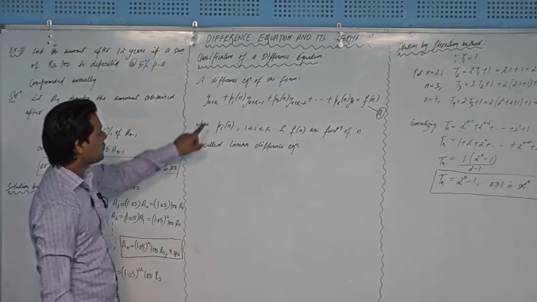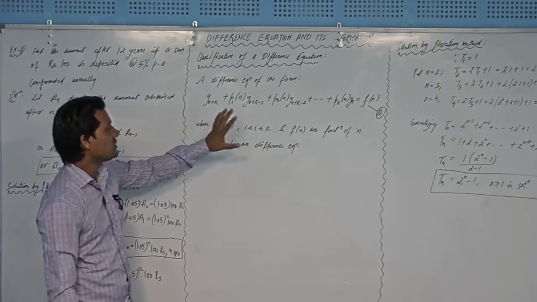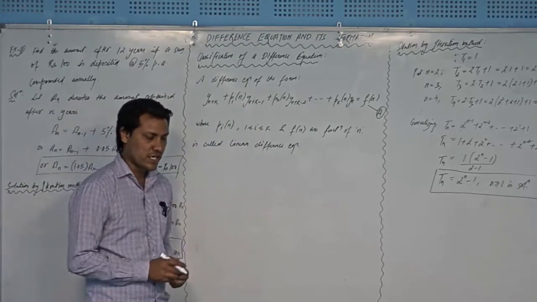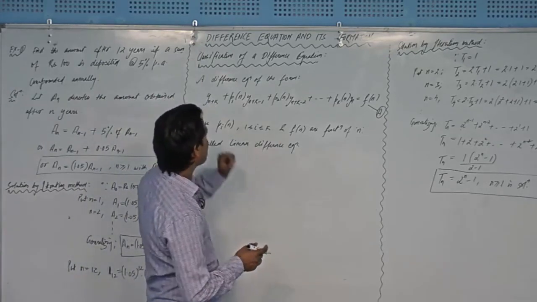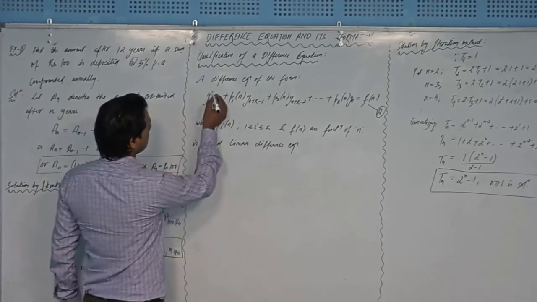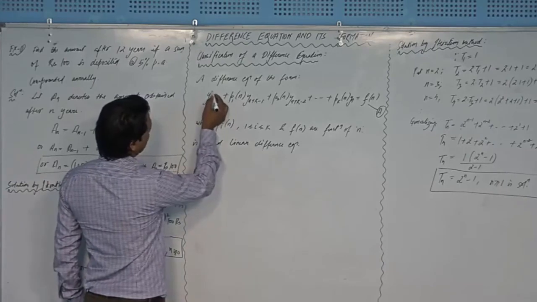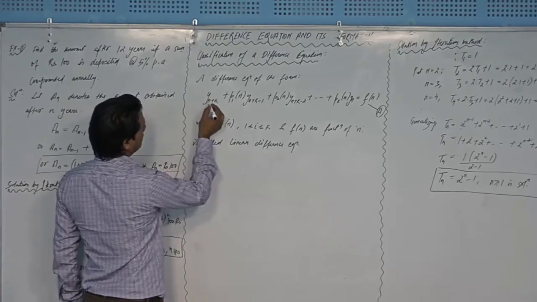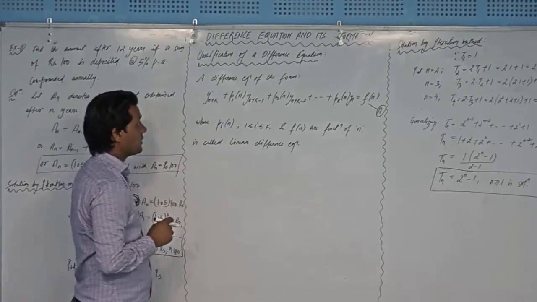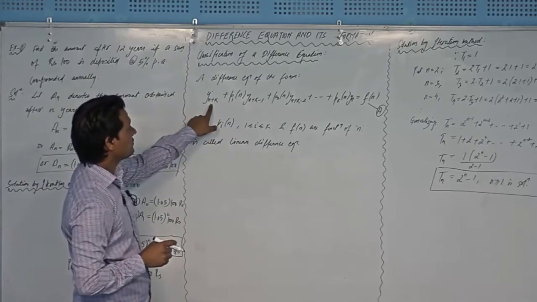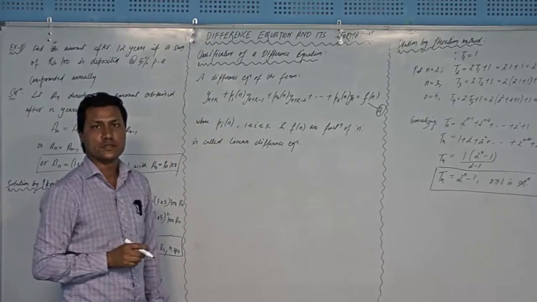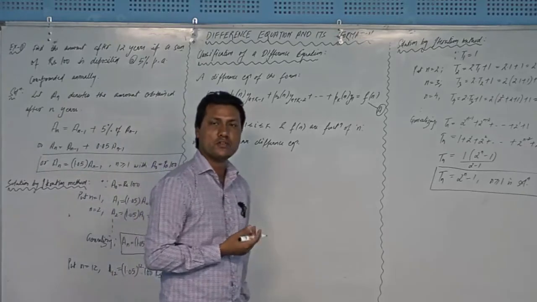Because the product terms of discrete numeric functions are not allowed here, or you can say the powers of discrete numeric functions are not allowed. Had we a square here, (y_{n+k}) squared, then this difference equation would be a non-linear difference equation.